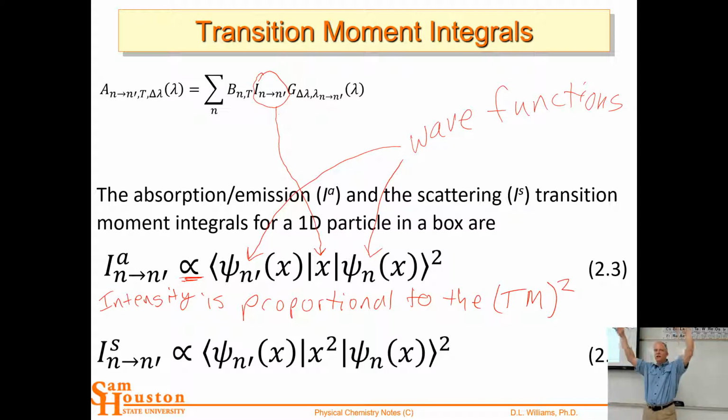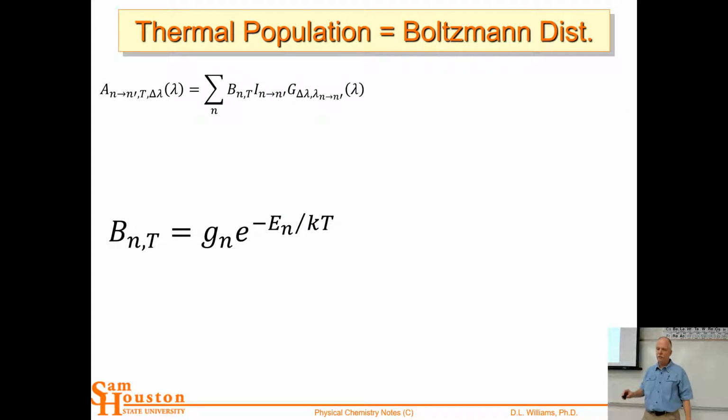So we've got this transition intensity, this peak, and it's got 3 parts: the Boltzmann part, the intensity part, which is here, and the line shape part. And so then that intensity part has the wave function in it. The scattering one we'll talk about later. Then we have the Boltzmann piece. This is the Boltzmann distribution. It has the energy levels in it.